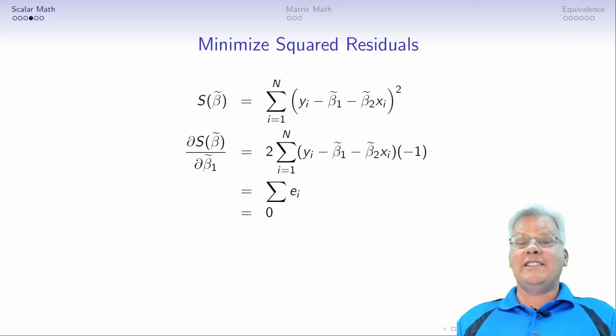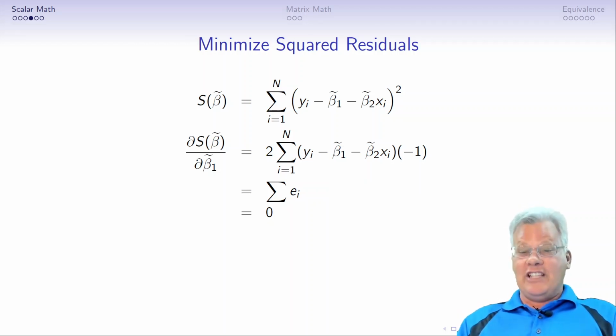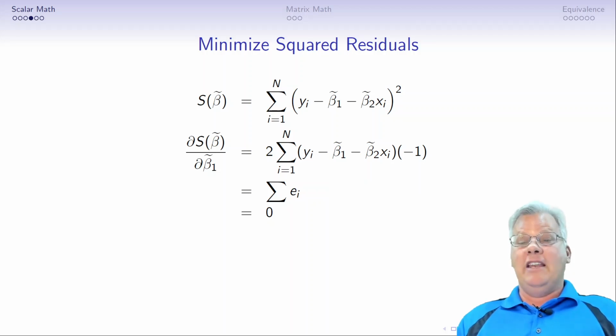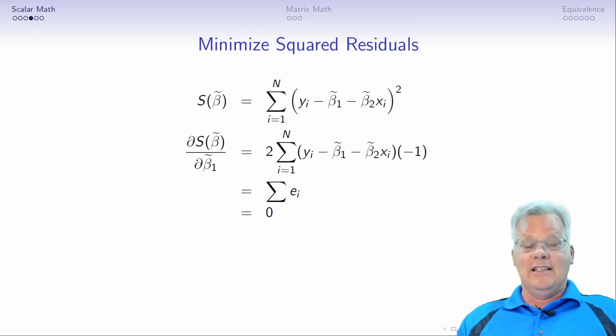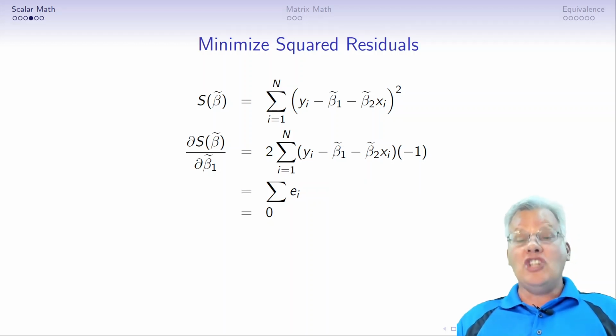You will notice that the first expression in parentheses, y sub i minus beta tilde 1 minus beta tilde 2 x sub i, is actually our definition of the regression residual.